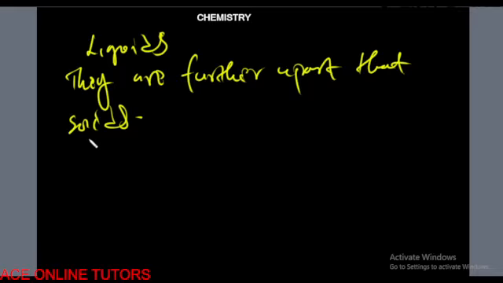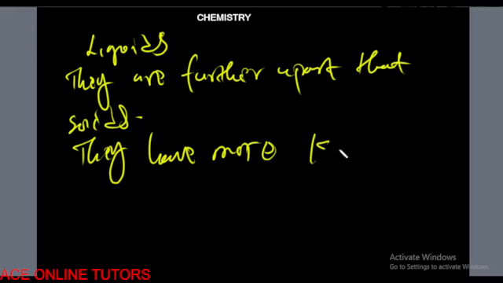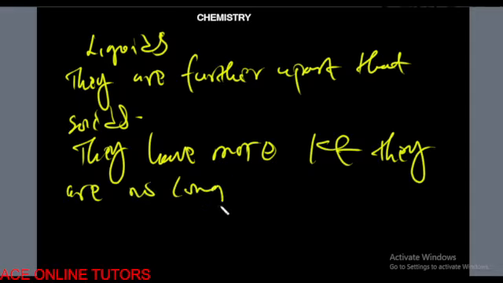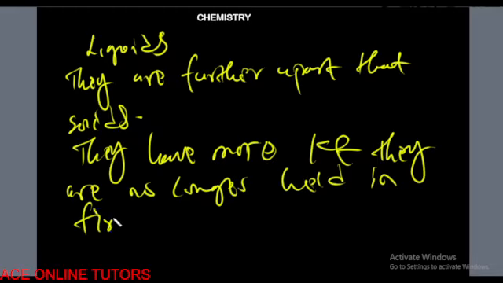Another thing that we need to know is that they have more kinetic energy than solid molecules. So because of having this more kinetic energy, they are no longer held in fixed positions.